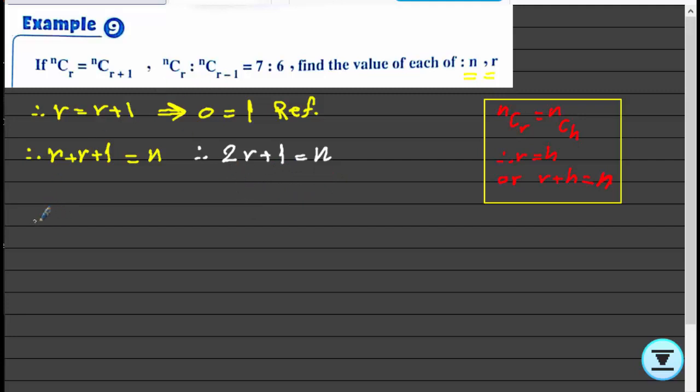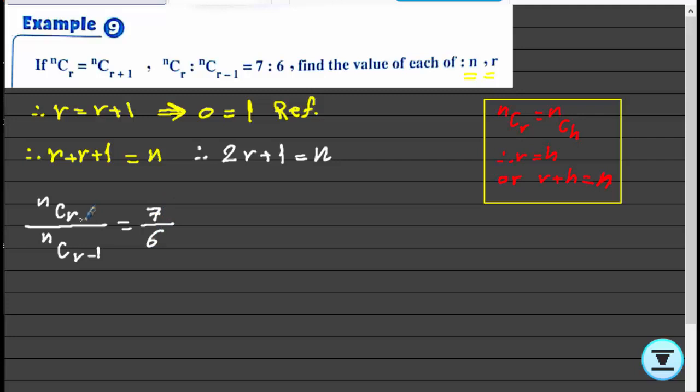Now in the second relation, second equation, nCr to nC(r-1) equals 7 to 6. I will write it in the form of a fraction here. nCr over nC(r-1) equals 7 over 6.